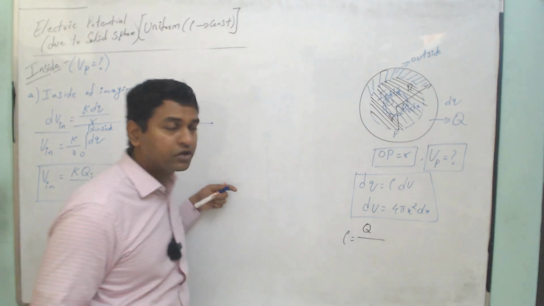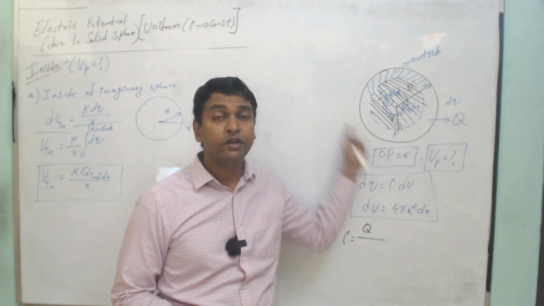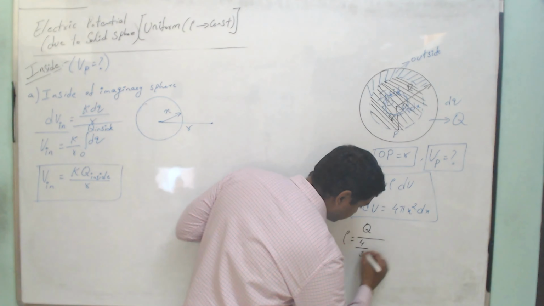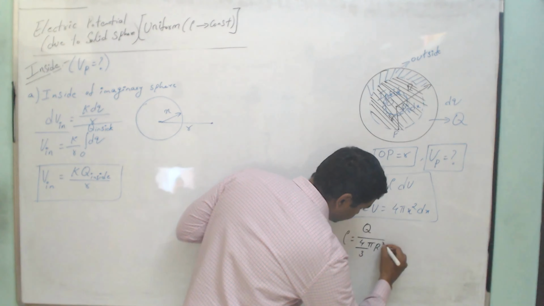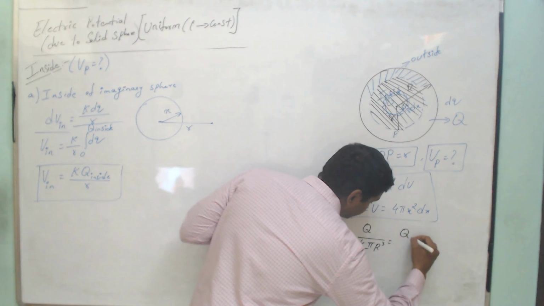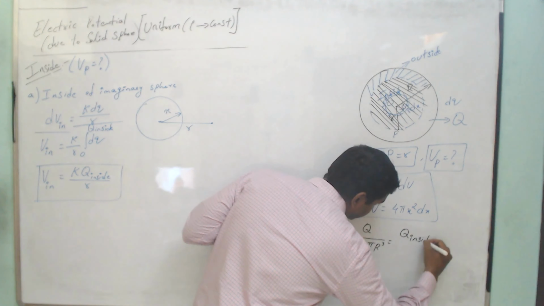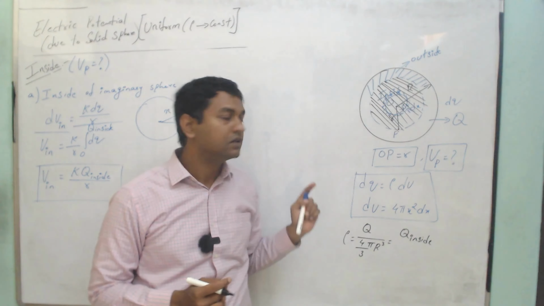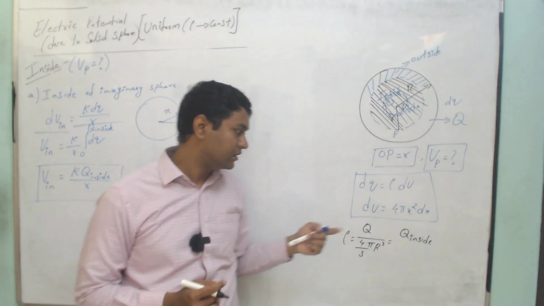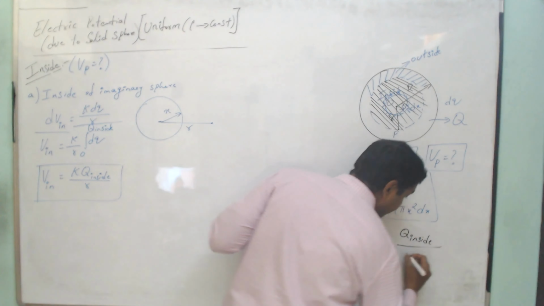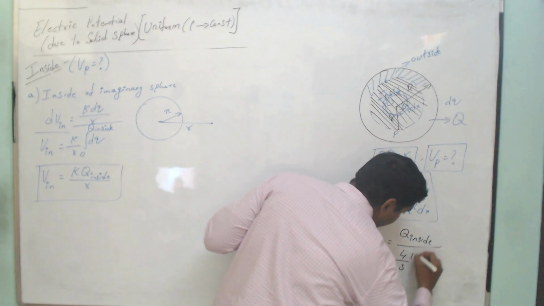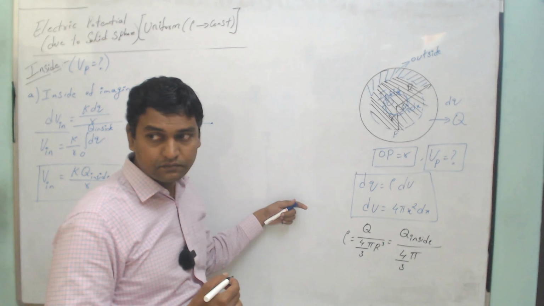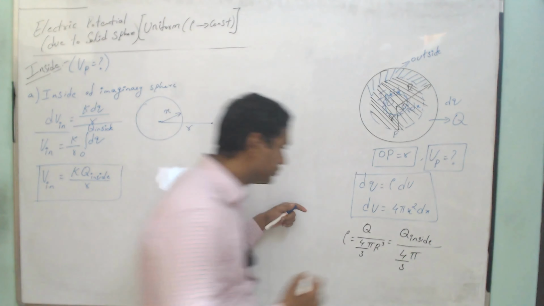Actually, rho is capital Q divided by total volume. Total volume is 4 by 3 pi capital R cube. Now the charge inside, which is the black highlighted charge that I have inside the imaginary sphere, divided by what volume? 4 by 3 pi small r cube.